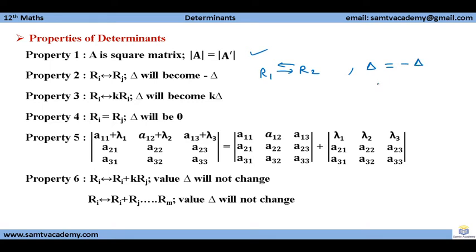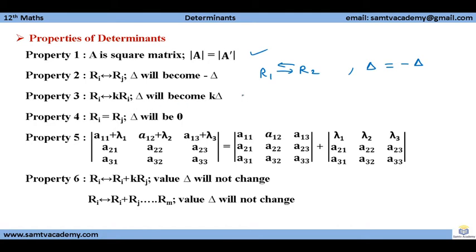Means if there is a single interchange of one row with another row, it gives a negative sign. If we interchange twice, then again negative, that will make it positive. If you do it 3 times, then again it will give a sign change. So a single interchange gives a negative sign.